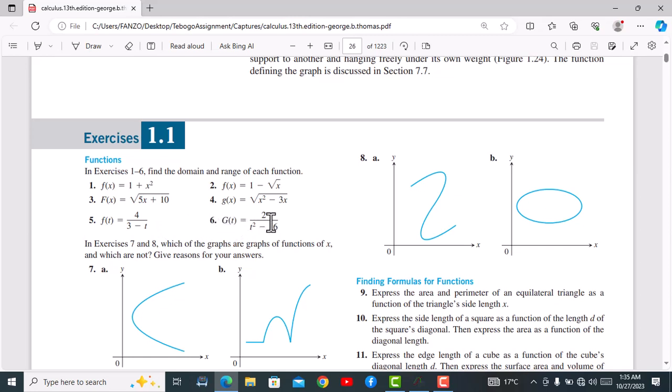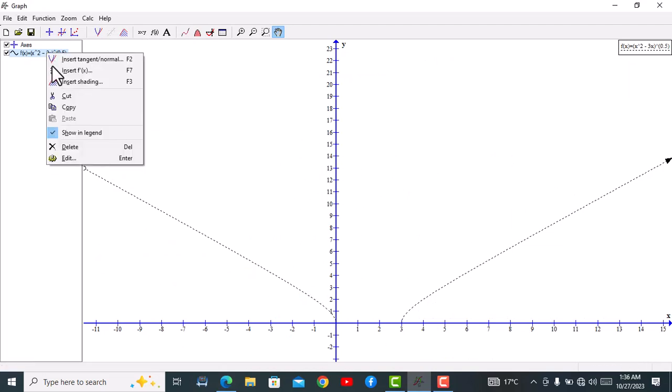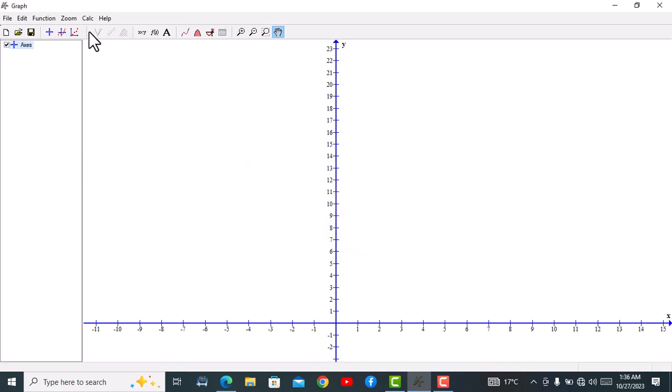g(t) equals 2 divided by t squared minus 16. But this programmable software is using x by default. Let me show you why I am saying that. Let me delete this.